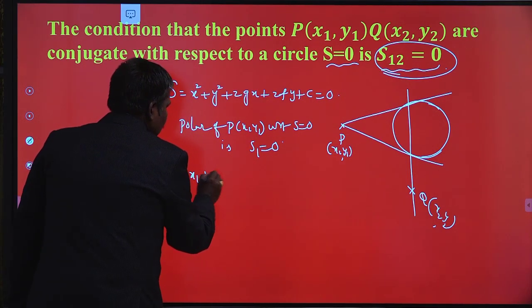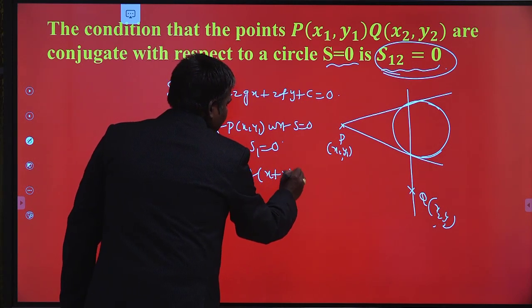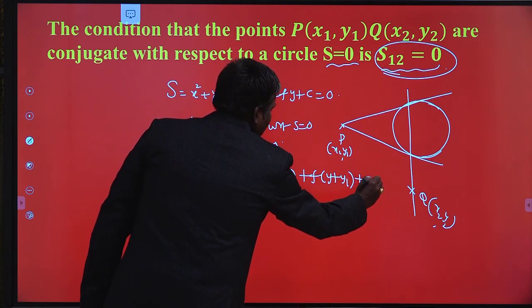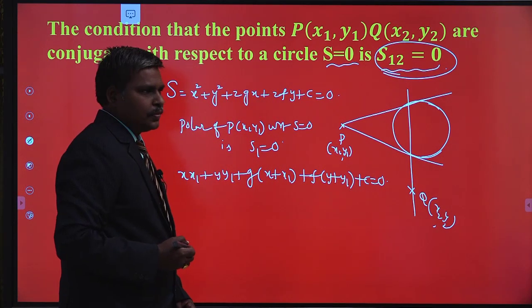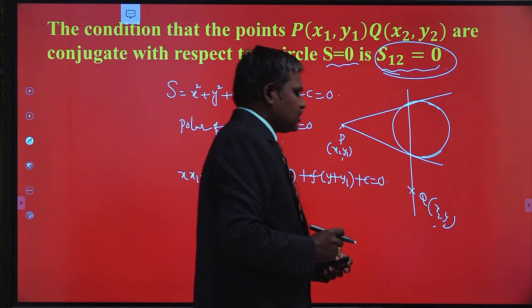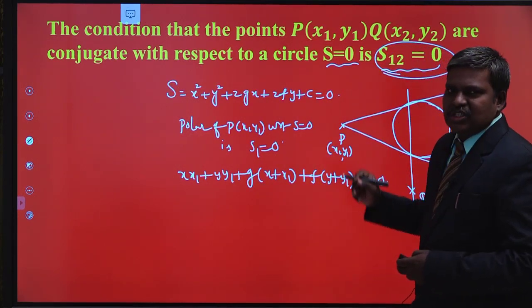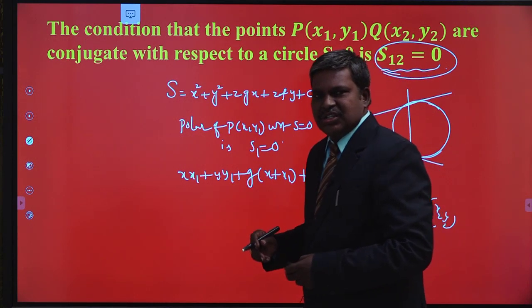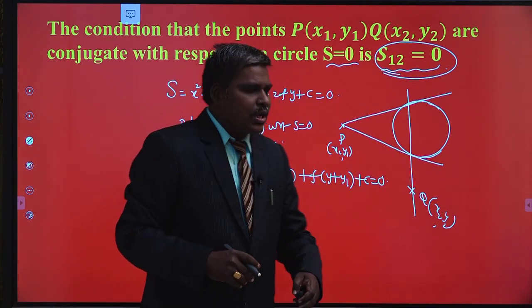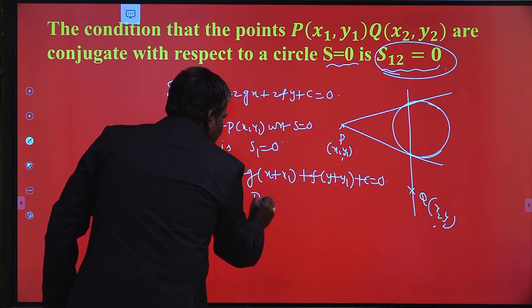Xx1 plus yy1 plus g times of x plus x1 plus f times of y plus y1 plus c is equal to 0. This is the polar. Since your points x1 comma y1, x2 comma y2 are conjugate, therefore polar of P x1 y1 passing through what? Q x2 comma y2. Now it is passing through Q.